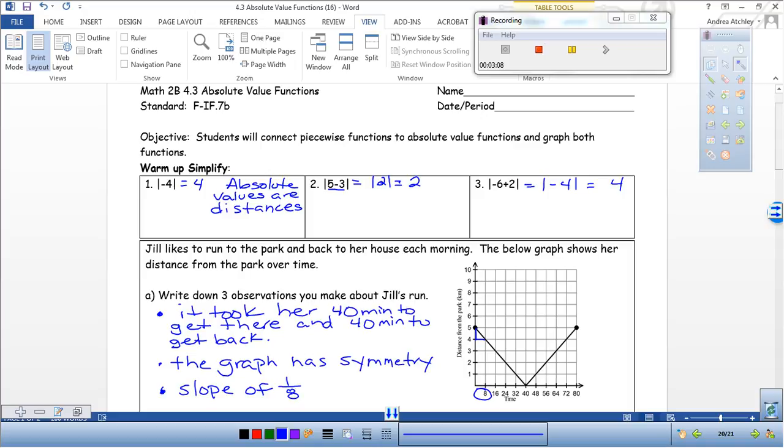Has the right angle? How do you know? It just looks like a right angle? How do you know? Because it looks like it, right? Do you know how to prove it? She went to the park and left, which is what it states in the problem, right?